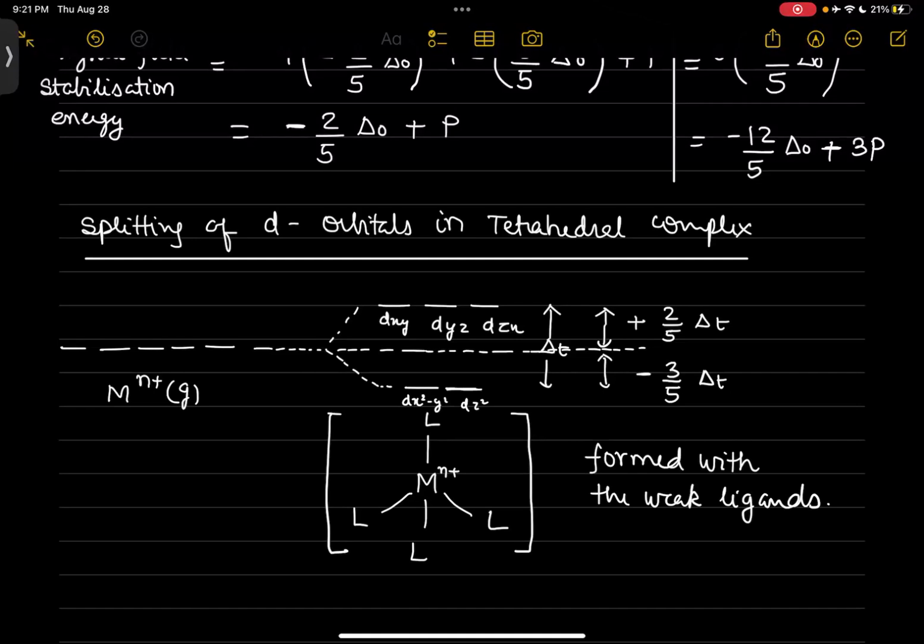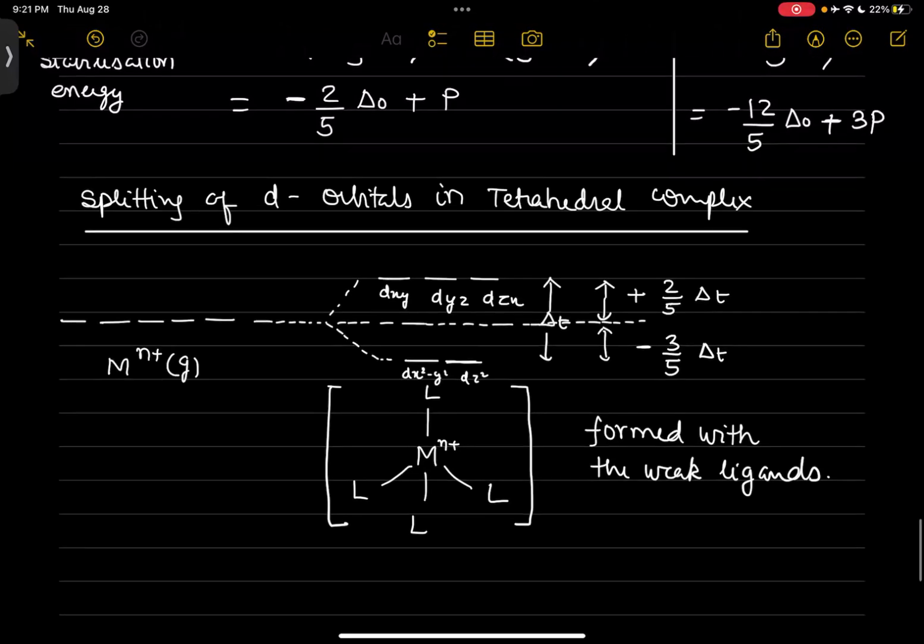Because they are weak ligands, the gap is small, and because the gap is smaller, the electrons are going to stay single. They are going to get paired up only with strong field ligands, in octahedral complexes where the ligands are very strong and cause more repulsions. Got it? Is it clear or not? Yes, sir.